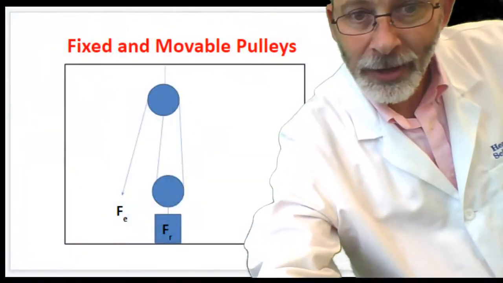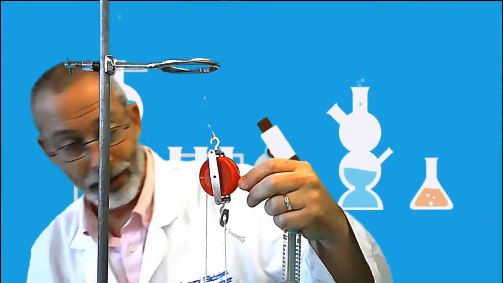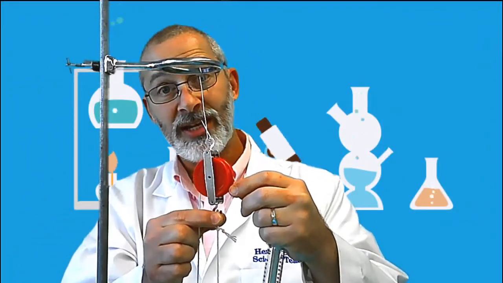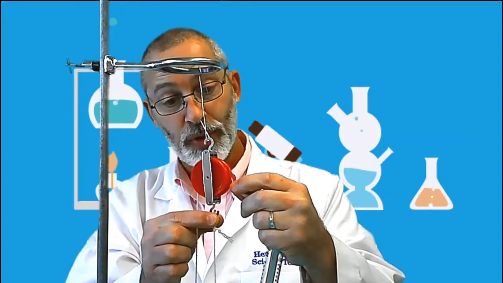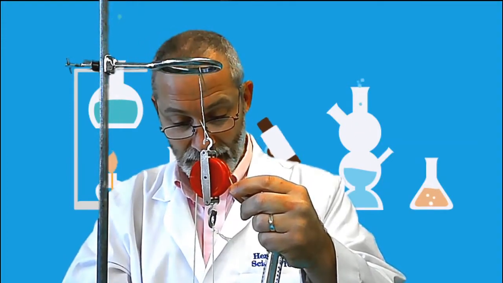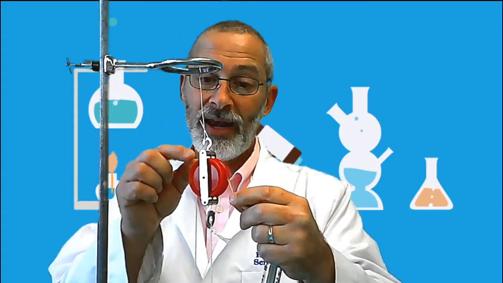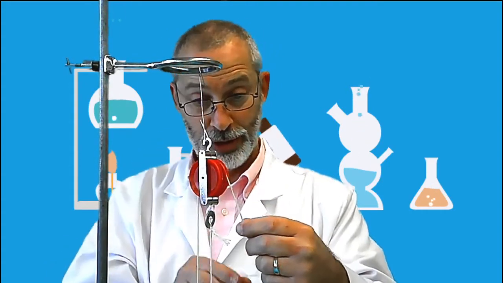Now, if I head back up to the lab view here, I have the string attached to the bottom of the fixed pulley. It's going down and through the movable pulley groove, back up again and through the fixed pulley groove. And here's the end of the string, which I have attached to the spring scale.